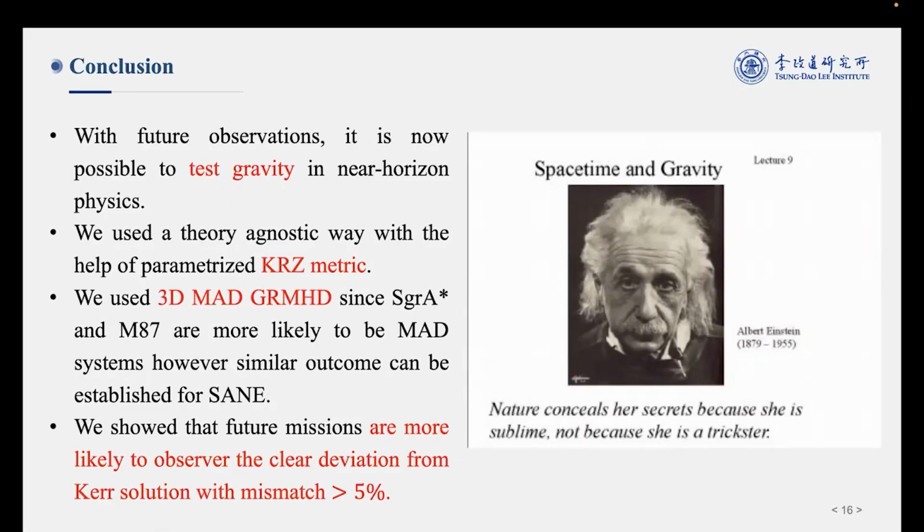And one thing is important, that we did this analysis for the MAD case, but for the SANE case, we expect a similar conclusion, because this is more of the space-time property than the plasma. And we expect that if your mismatch is more than 5%, then you have clear distinguishability between the Kerr and KRG black hole, or any other black hole which is away from the Kerr black hole.